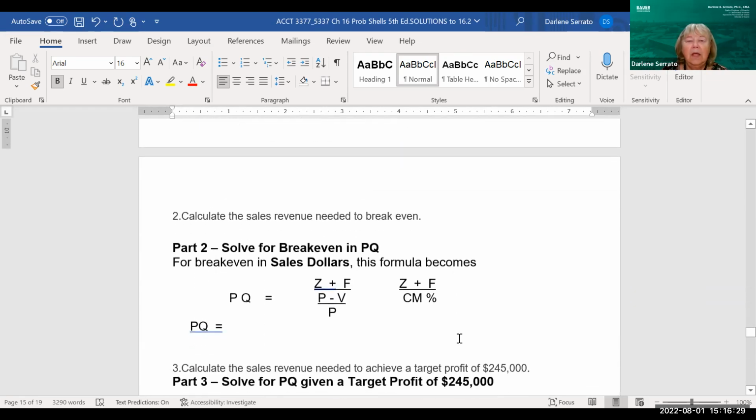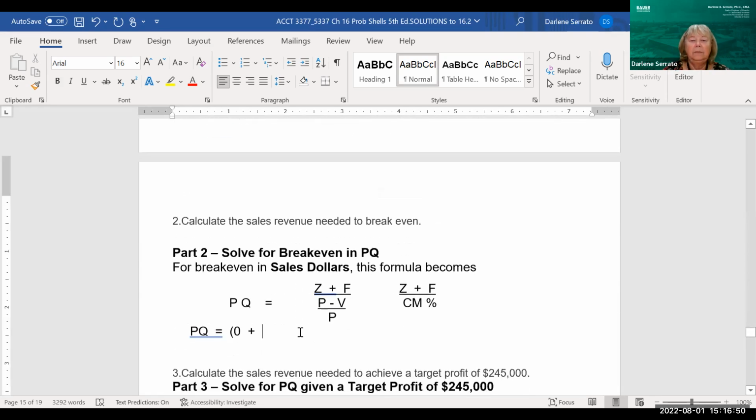Okay. Sales revenue needed to break even. So Z is 0 plus F of 8 million. Is that right?